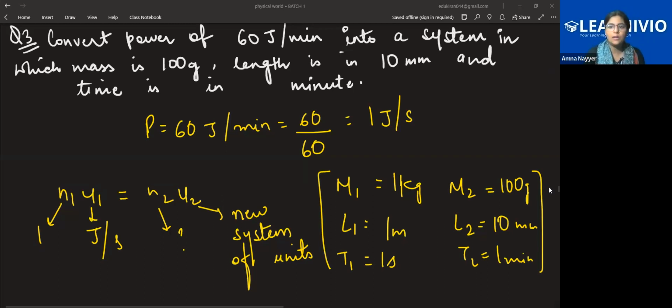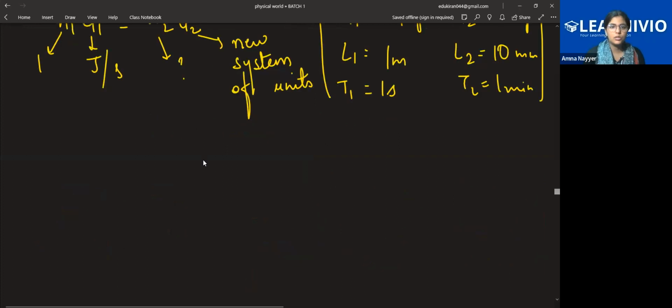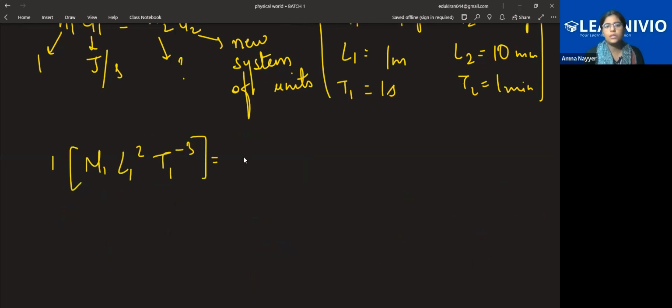Now see, let us now just substitute. So joules per second basically means, see, energy is M L square T to the power -2. So when you divide it by time, it will become T to the power -3. So same thing we'll write 1 into M1 L1 square T1 to the power -3 is equal to new system of units N2, a new value which we have to find out, M2 L2 square T2 to the power -3.